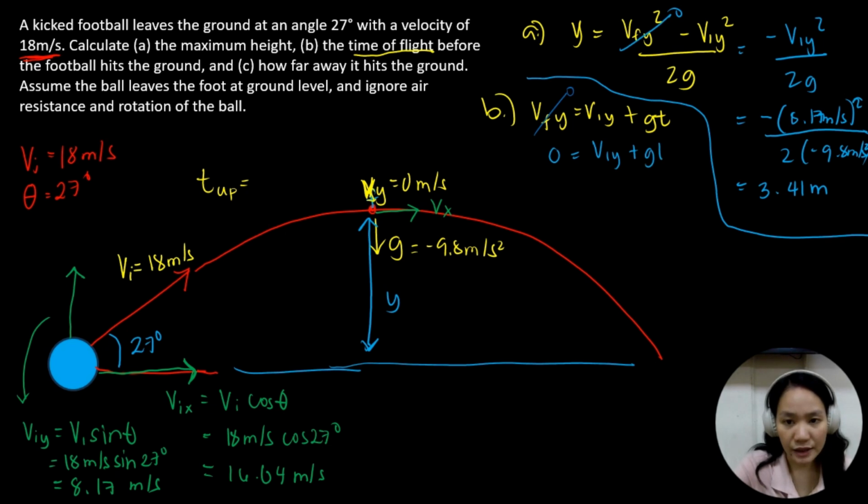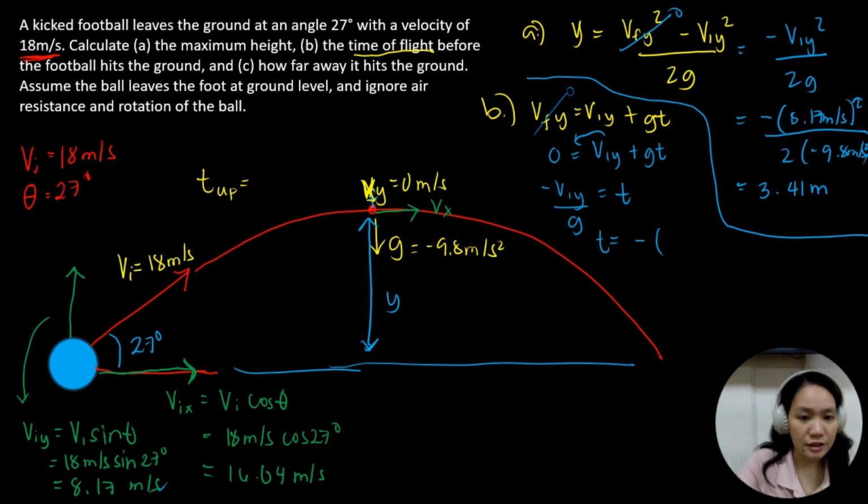plus gt. Now, to isolate t, we transpose VIY to the other side, turning it negative, and then divide by g to get the equation for time. We do the math here. t is equal to the negative of VIY, earlier 8.17 meters per second, divided by negative 9.8 meters per second squared.